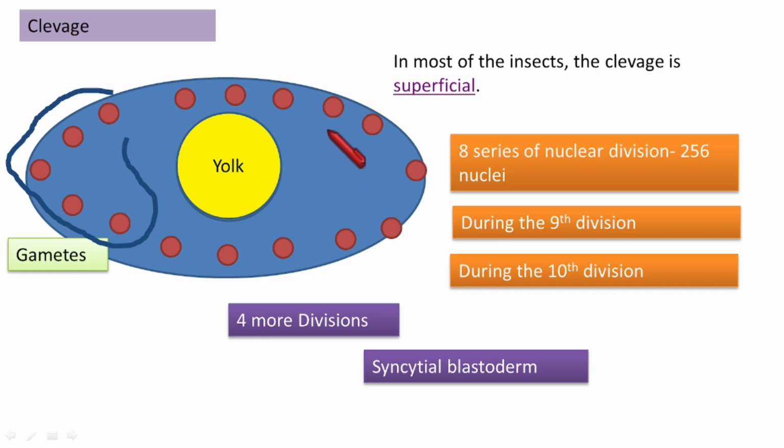And one more thing, as we look here, we think that all these nuclei are sharing the same cytoplasm, but actually it is not like that. The cytoplasm seen in the vicinity of each and every nucleus is distinct from that of the other nuclei. That means the cytoplasmic protein present near this nucleus is different from that present near this nucleus.